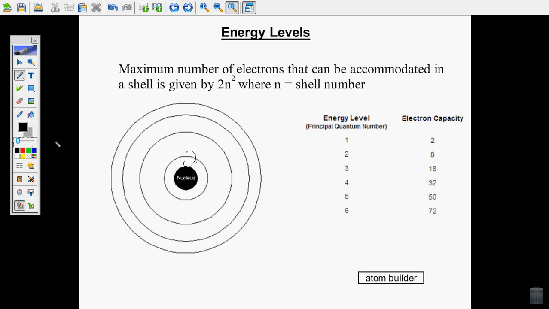So here we have 2 electrons. And the second energy level can hold 8 electrons, and so on and so forth. So the further you get away from the nucleus, the more electrons that energy level or shell can hold.